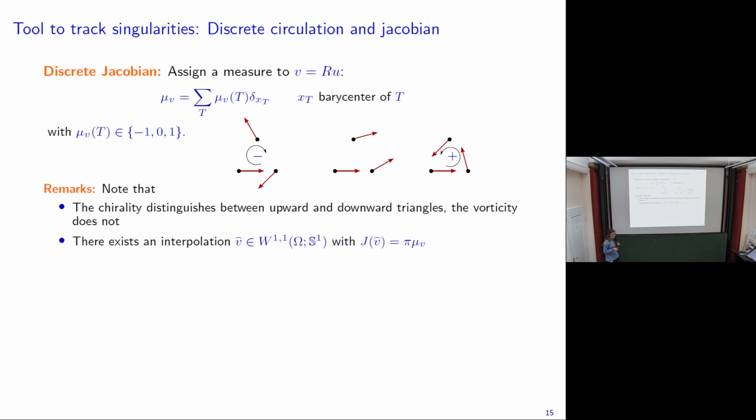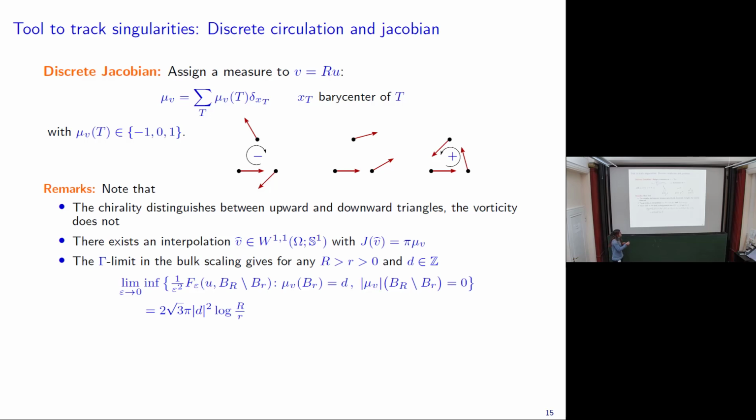Let me also mention that you can actually construct a suitable interpolation of your transformed variable v, which satisfies this equality. So the Jacobian of this interpolation, now defined in the distributional sense, coincides with your measure up to a factor pi. Of course, here this is not a W^{1,2} function, it's only W^{1,1}, but you can still make sense of this in a distributional sense.